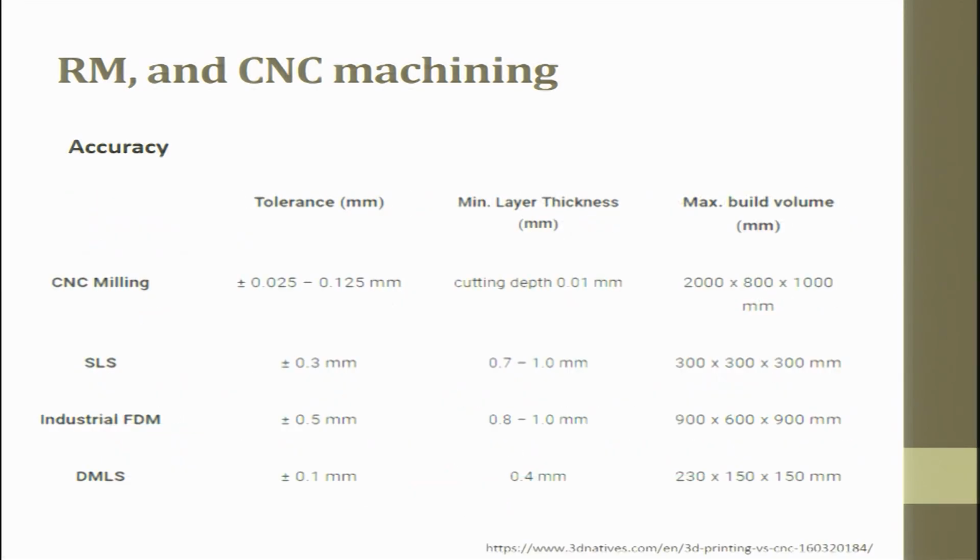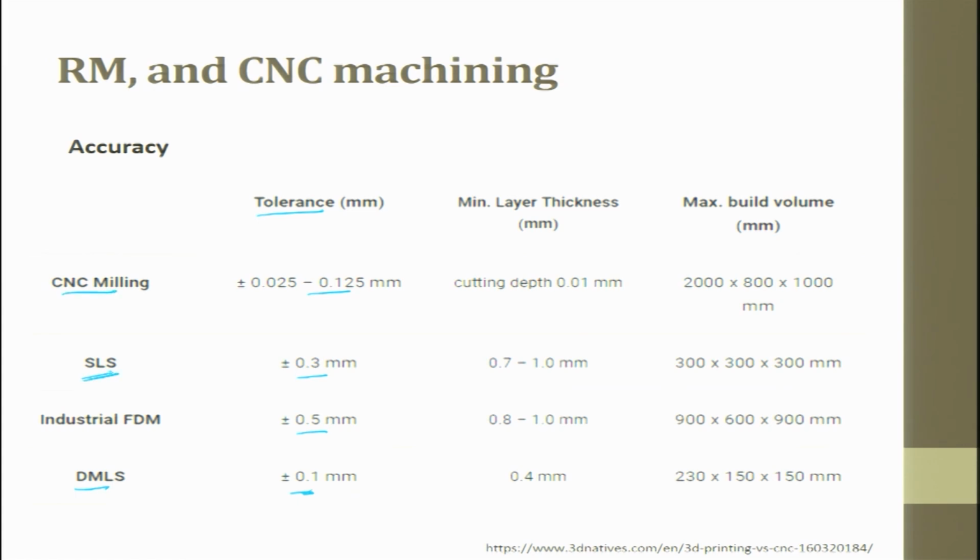So, if you look at it, this is the accuracy comparison. We have put tolerance in CNC machine. In SLS, you see SLS is higher than this. Industrial FDM is much higher. DLM is almost close to this comparison. Okay. CNC milling gives you a very good finish.